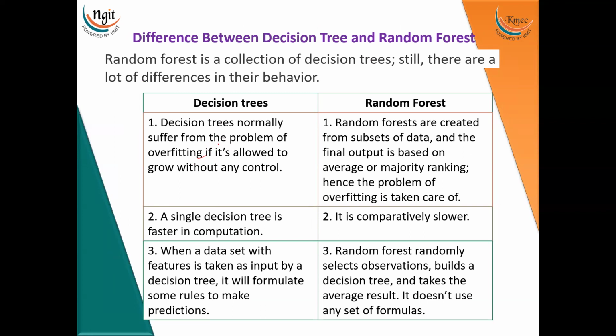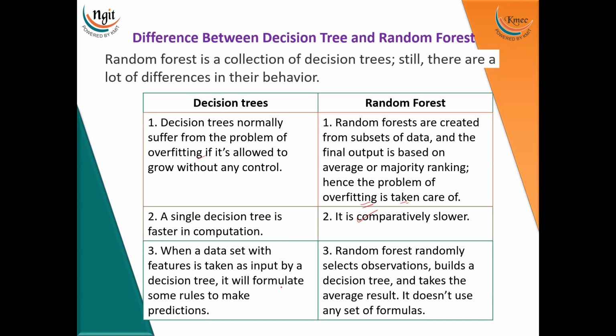If the tree keeps growing, chances are that it may overfit the data. But as random forests are created from subsets of the data and the final output is based on averaging or majority voting, the problem of overfitting is taken care of. And a single decision tree is faster, but a random forest is comparatively slower. Why? Because we are constructing n number of decision trees.